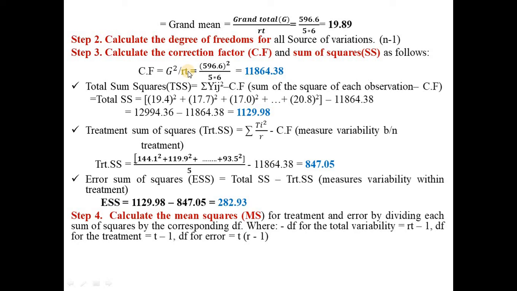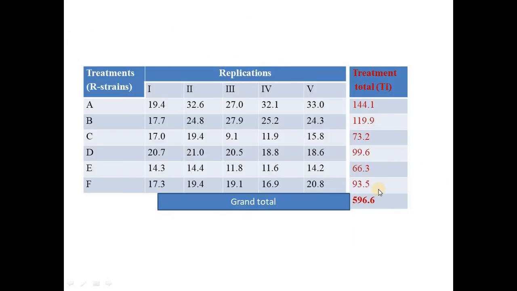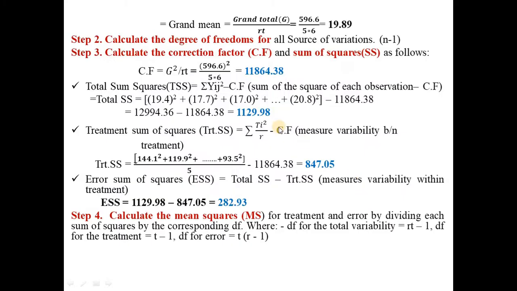So we square the grand total that we obtained from the table, and then divide by this value, that means the number of replications times the number of treatments, and we will have this value as the correction factor.